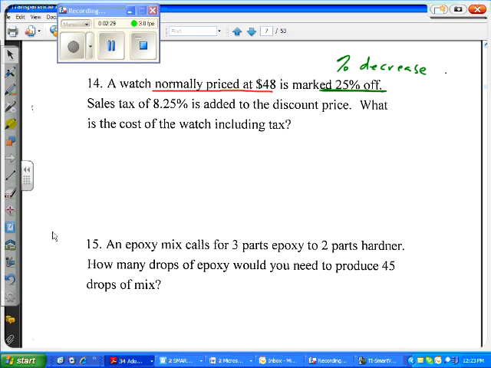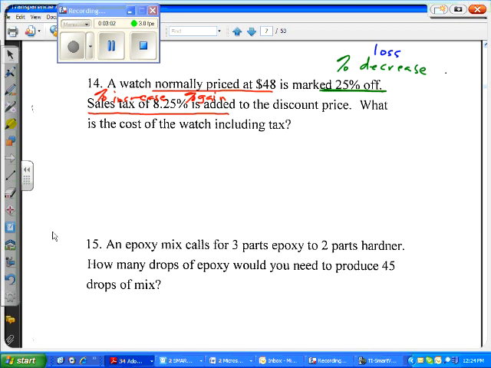Percentage off, percentage of decrease, percentage of loss, if we want to just be basic with the gain or loss. Sales tax of 8.25% is added. This is a percentage of increase, or a percentage of gain.